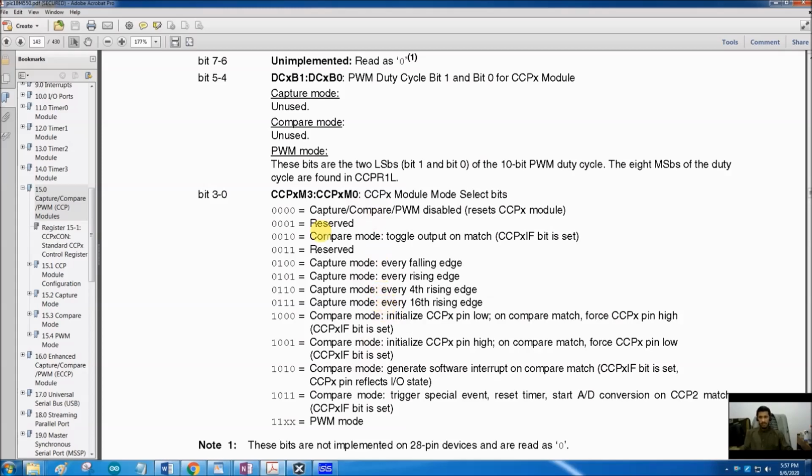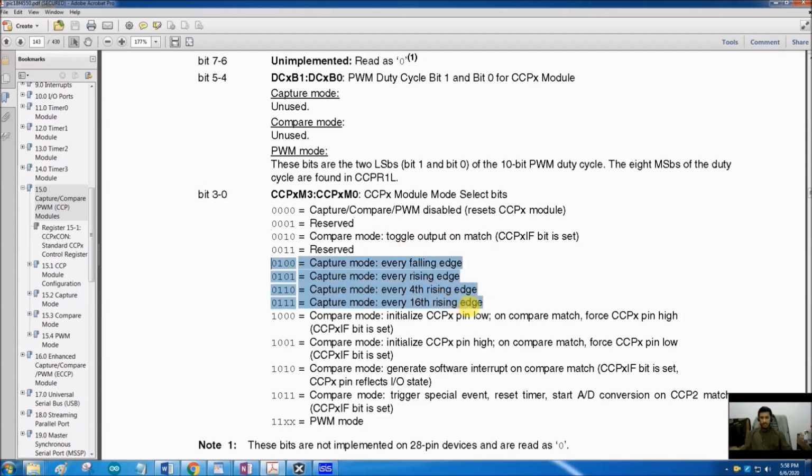The first combination of these bits, 0000, disables this module. All 3 modes are disabled. Then the next combination is reserved. We will not use this combination, and we should not use it because it may be used in some reserved processor operations. Similarly, 0011 should not be used. 0010 will configure this module in compare mode.